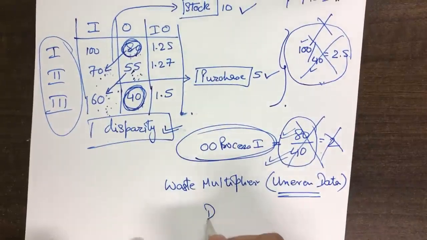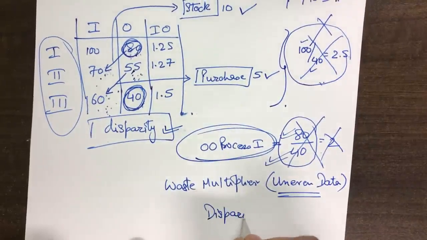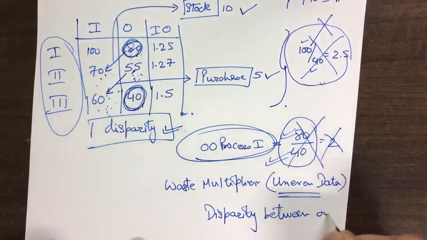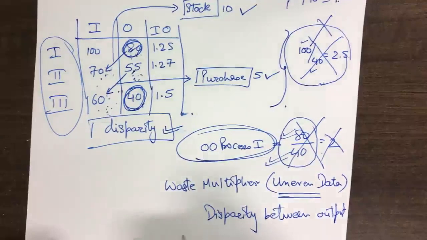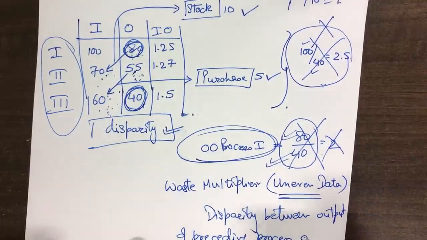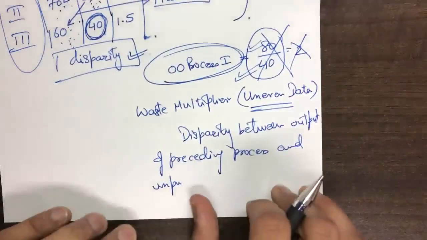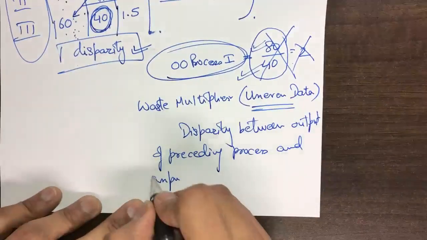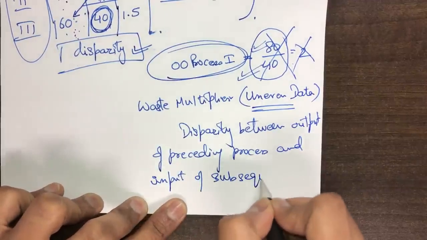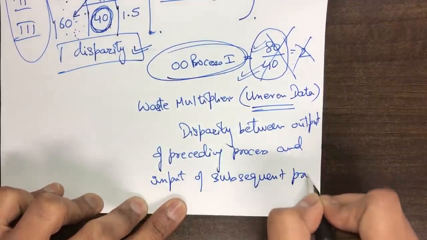Uneven means there is disparity between the output of the preceding process and the input of the subsequent process.